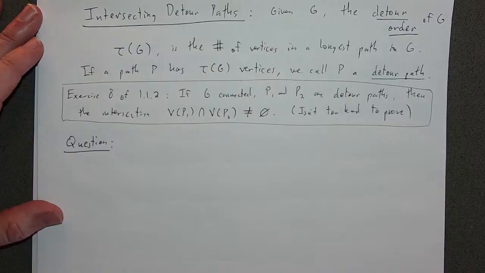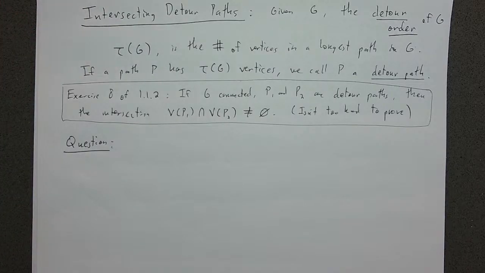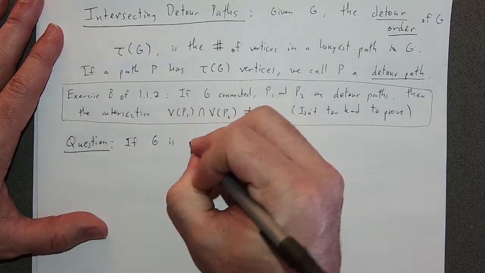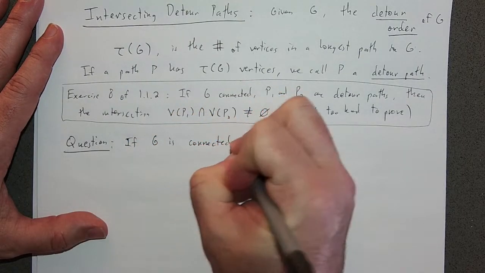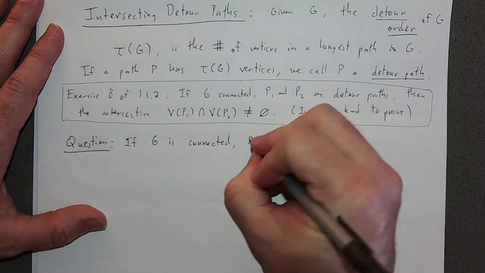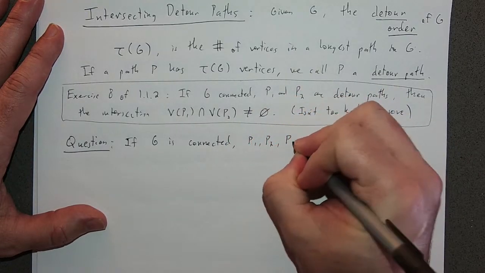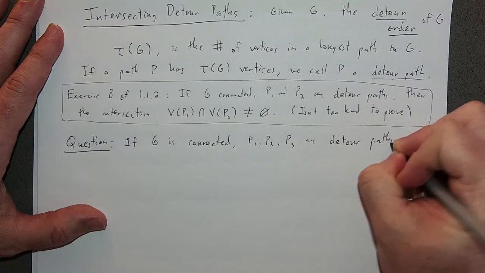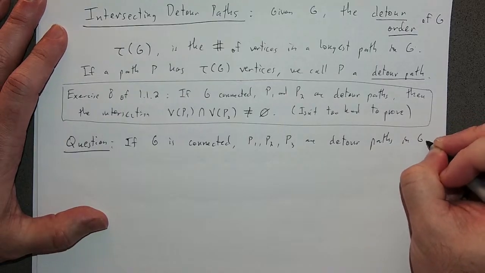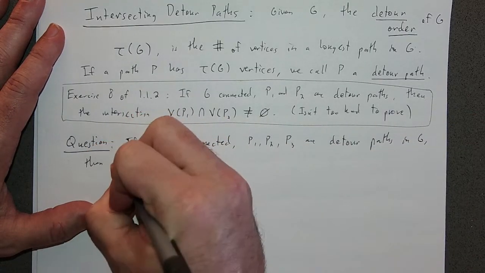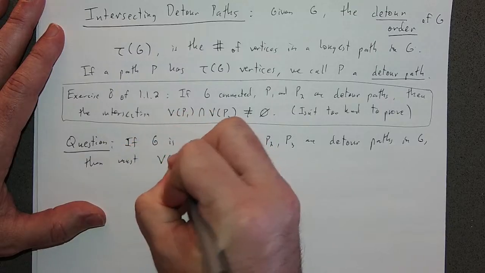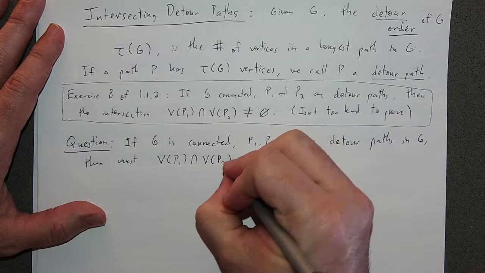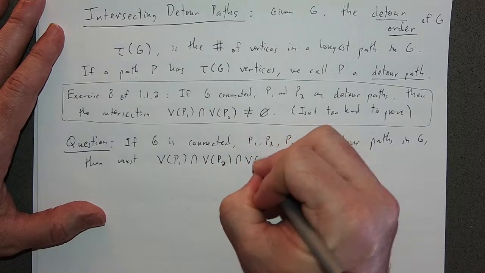This exercise asks the question for 2 detour paths, but what about 3 detour paths? So if G is connected and P1, P2, and P3 are detour paths in G, then must they each intersect in at least one point?